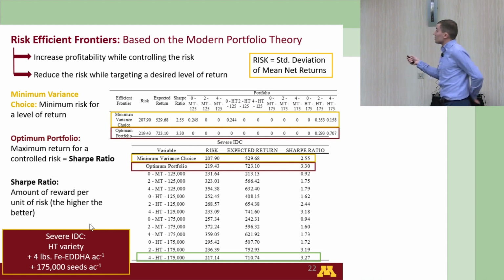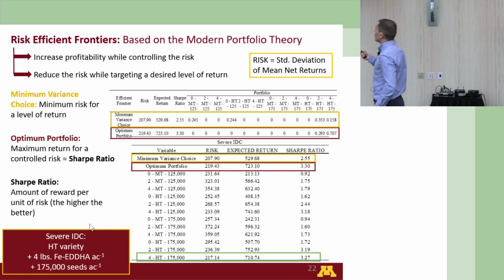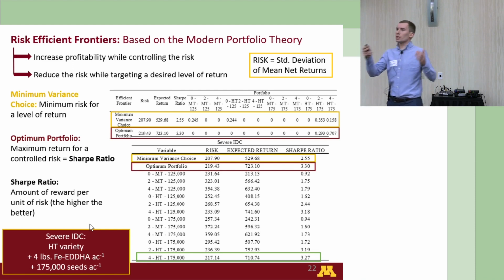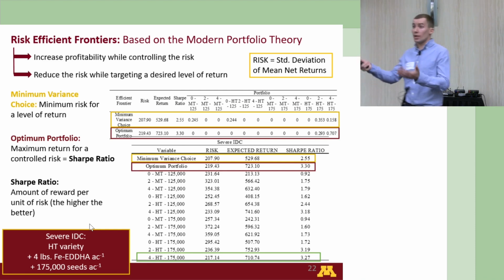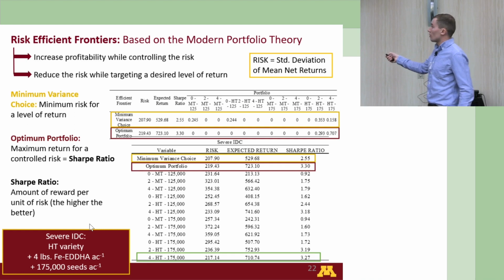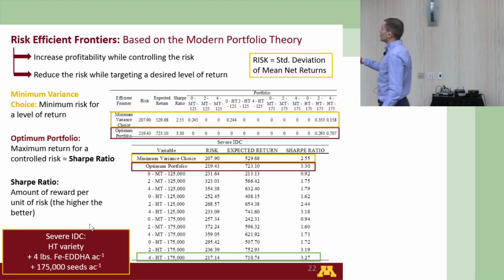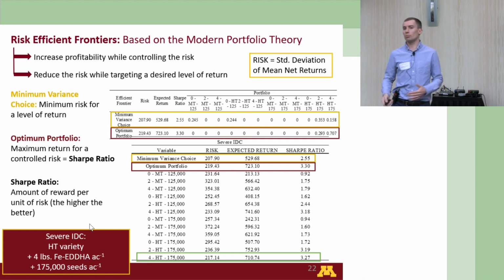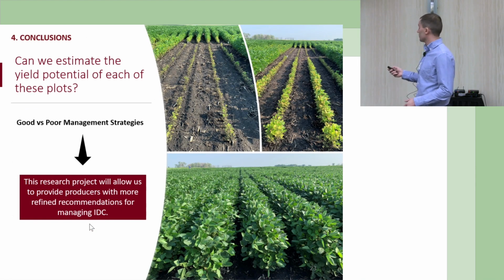And why is that? Because that treatment combination was only about $10 more risky than the minimum variance choice, and it was only 0.03 points lower in terms of the Sharpe ratio than the optimum portfolio. So both in terms of risk and reward, or expected returns, the combination of a highly tolerant variety with 4 pounds of iron chelate per acre planted at an increased seeding rate is the best option for severe IDC conditions.